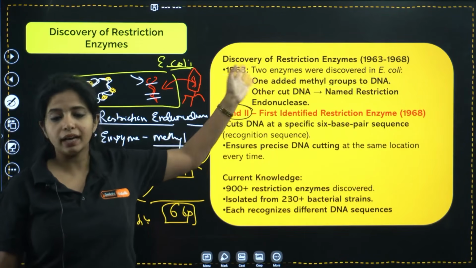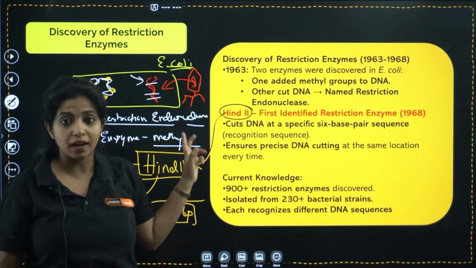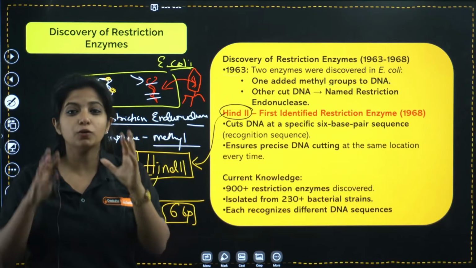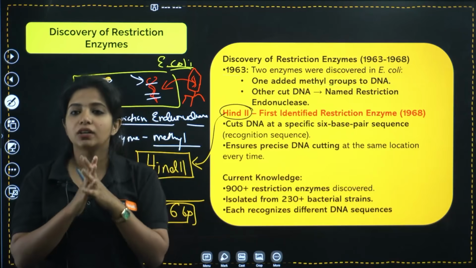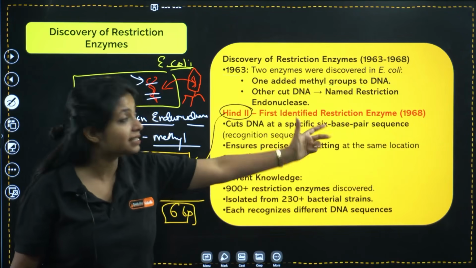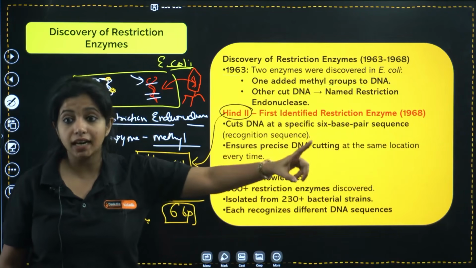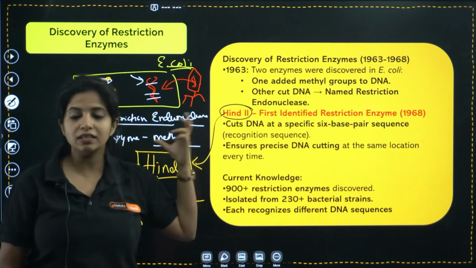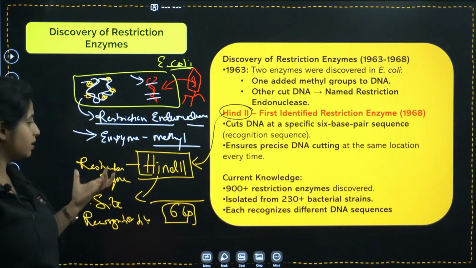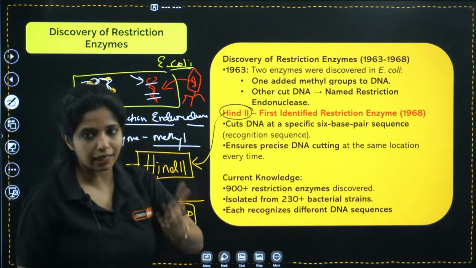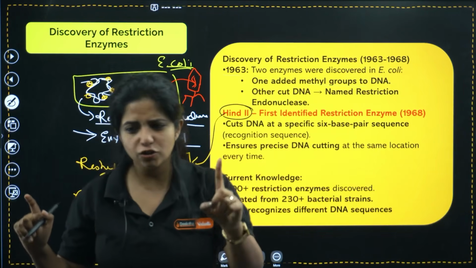In E. coli, there was an understanding that there were 2 enzymes. But the first one to be discovered properly with the name was HindII. It was found in 1968. This year is important. And it cuts the DNA at a 6 base pair sequence, known as the restriction site or the recognition site. I hope that's clear.